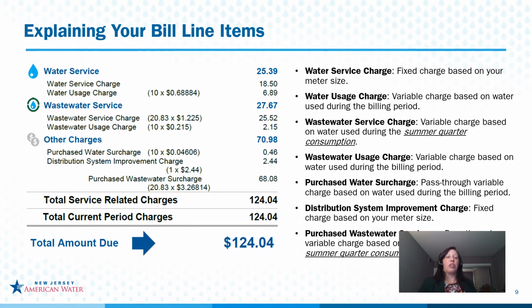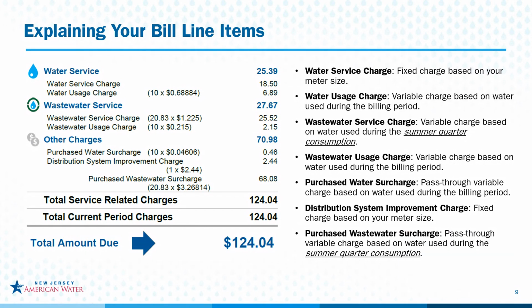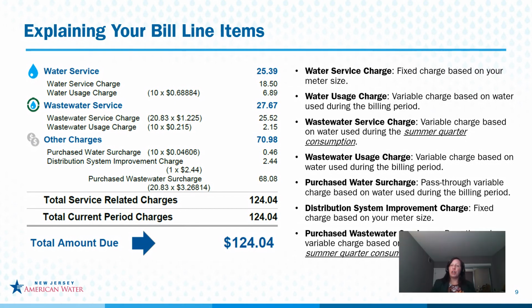This is a pass-through charge. The distribution system charge, or DSIC as I call it, is a fixed charge based on the meter size. This charge allows New Jersey American to recover a certain level of its infrastructure projects outside of the general rate case process. And just like all rates, it is approved by the BPU.